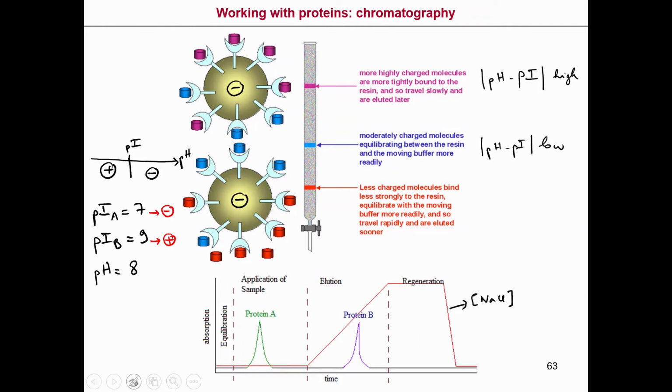So there will be a competition between the sodium ions and protein B. So protein B will be released because the concentration of sodium ions will increase. Okay? Understood? Okay. No question.